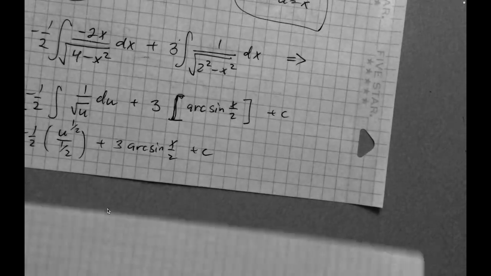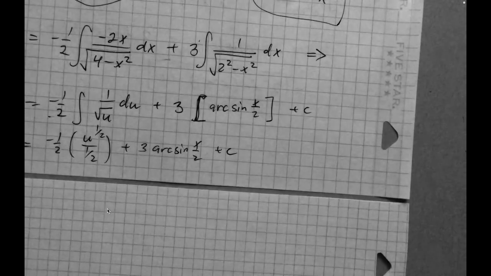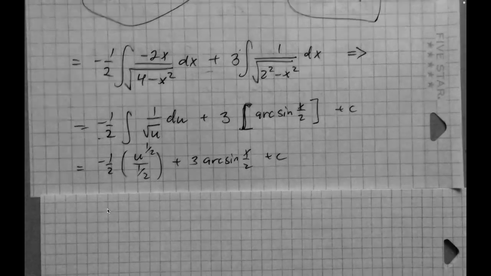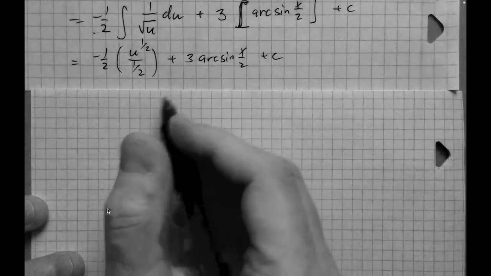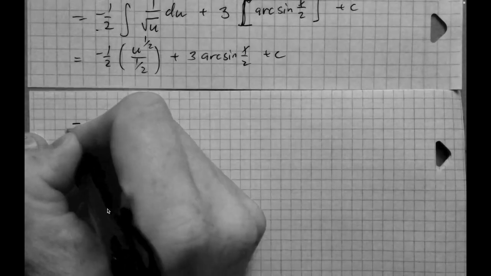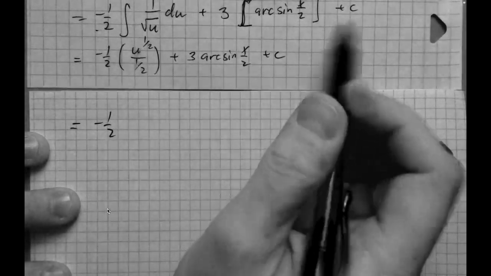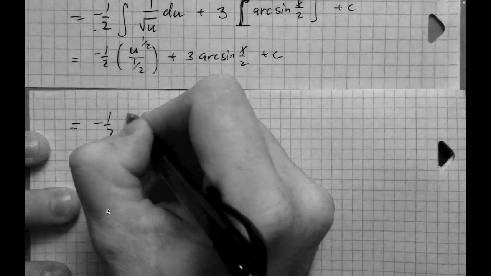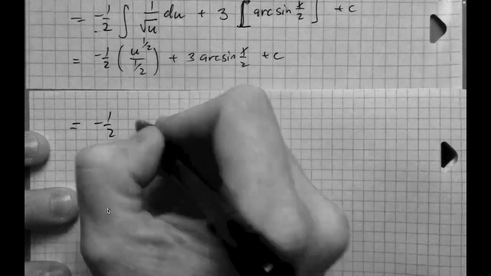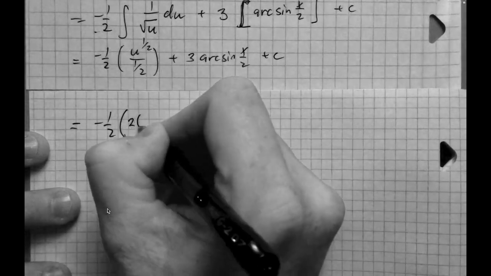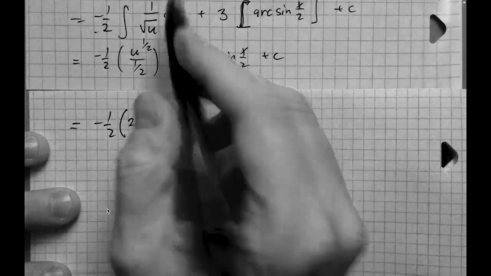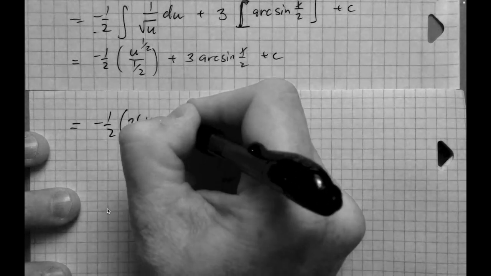Okay, so we've got all of the pieces in place here, and now we just need to come back through and do some cleanup, resubstitute things back in. And so when we do that, let's start by writing the u as 4 minus x squared here. And so this is, let's see, 2 times the square root of 4 minus x squared, with the negative out front.